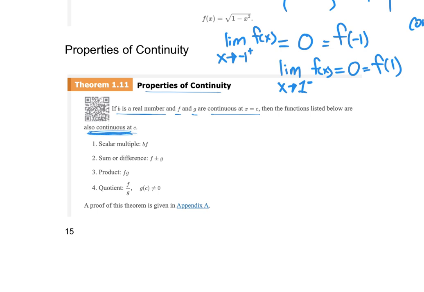These types of operations do not change whether a function is continuous or not: a scalar multiple, adding or subtracting two continuous functions, multiplying continuous functions, and dividing continuous functions, provided that g of c does not equal 0. All of these things will maintain continuity.